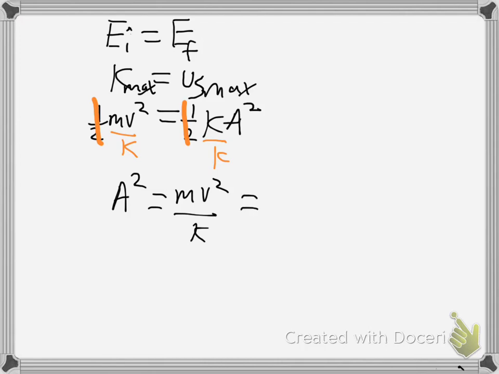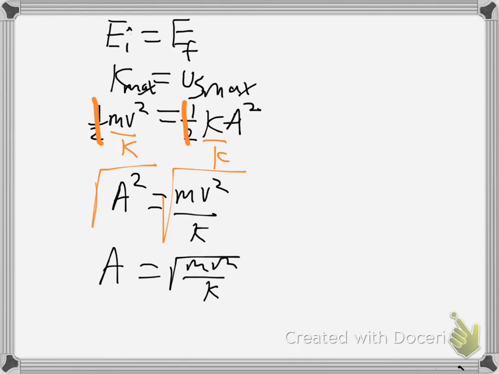Now we need to take the square root. So A is equal to the square root of mv squared over k.